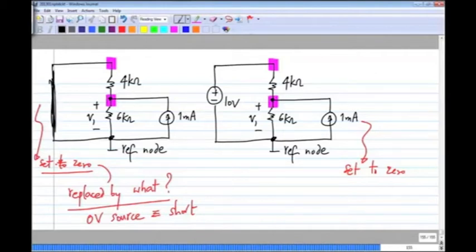Now similarly, when I set the current source to 0, what should I replace it by?